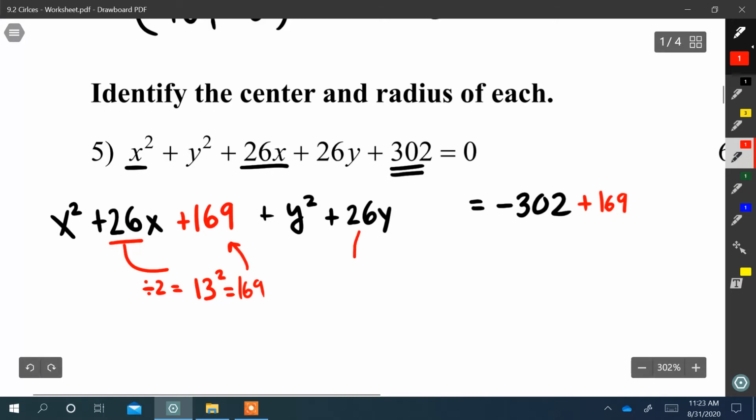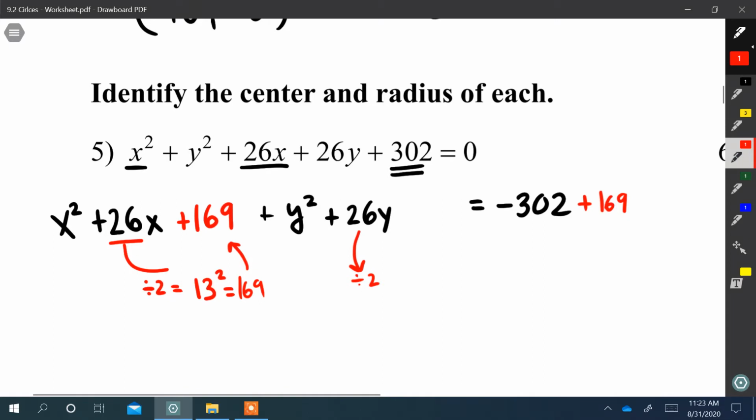So I'm going to take this 26, that's the one in the middle. We divide it by 2, and I'm hoping you have seen this before. It's called completing the square. If you haven't seen this before, I recommend that you watch a video online, and it will explain a little more about that.